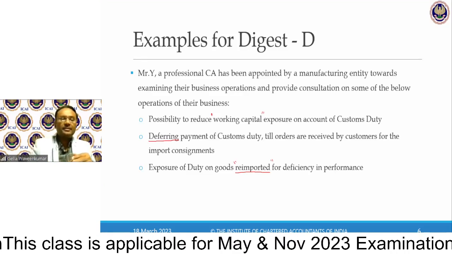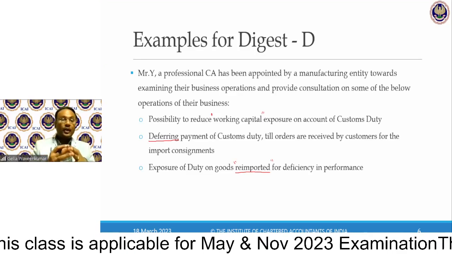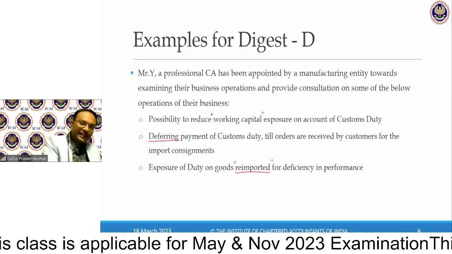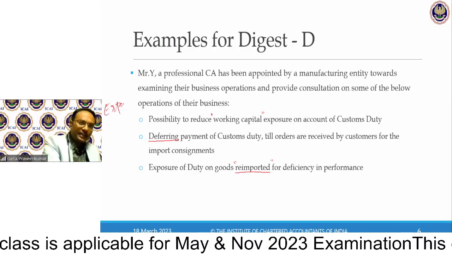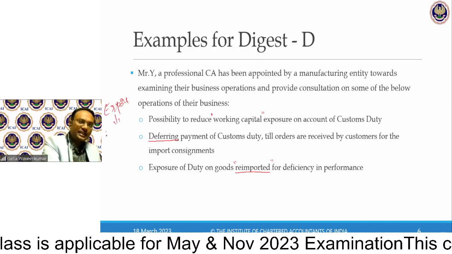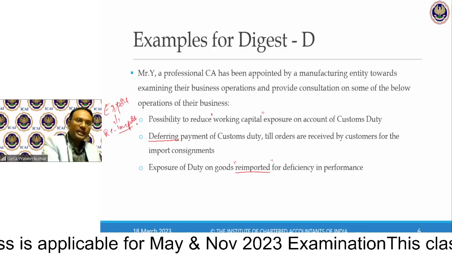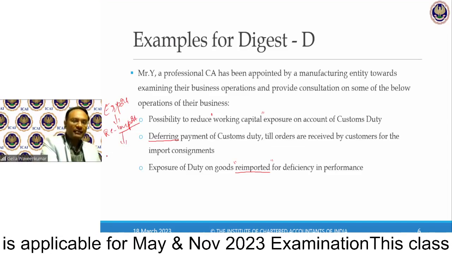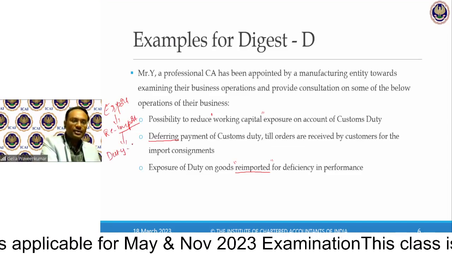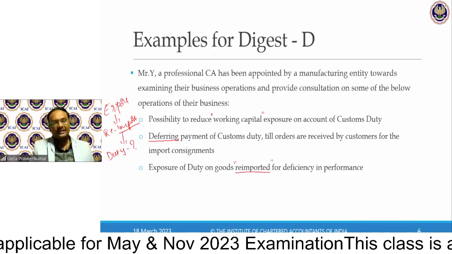So that particular customer is saying, look, I'm going to send back this particular consignment. Now, what happens? When I say re-import, exported during a particular point in time, this material was re-imported for repair-related activity. The moment it hits the customs station, does the manufacturer need to pay customs duty once again? Now, this is the most practical issue many businesses have.